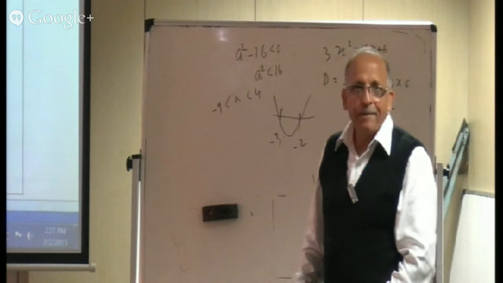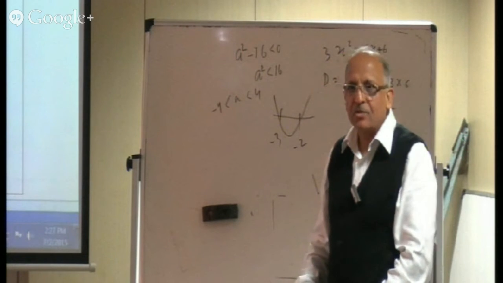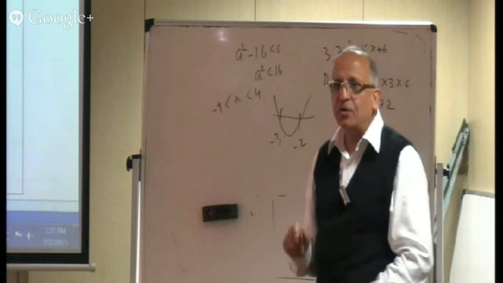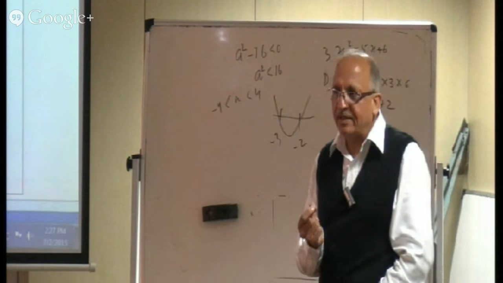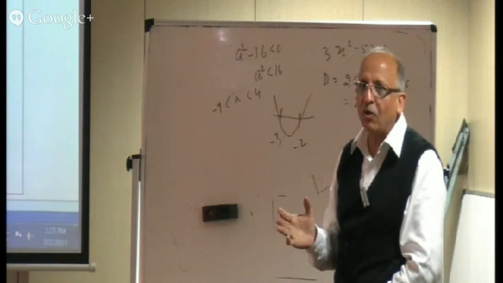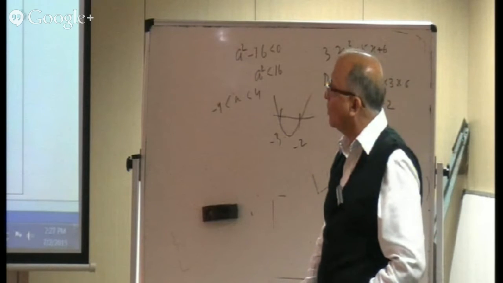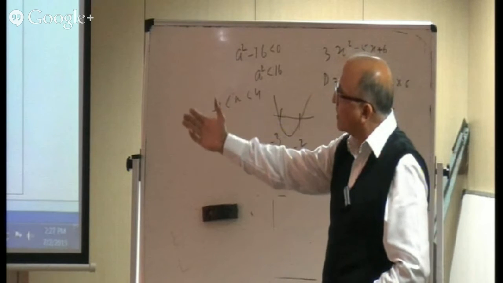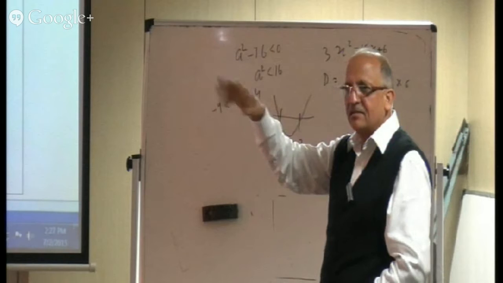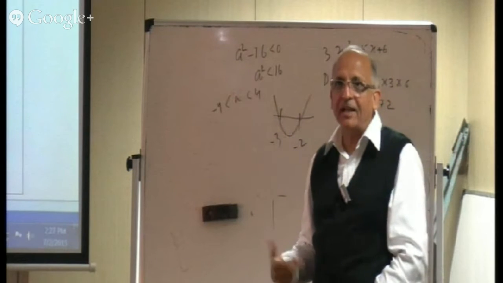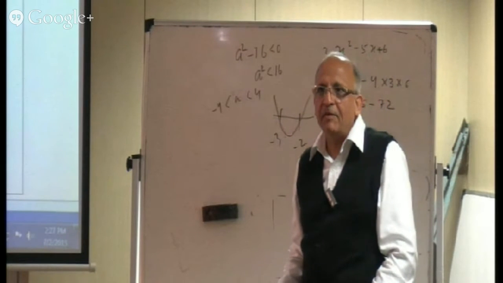Is that okay? These problems are also interesting. If you know how to do it, it will take just a second. Otherwise, you will get involved in trying to find the values of x, guessing when it will be positive and when it will be negative, which will be very difficult.